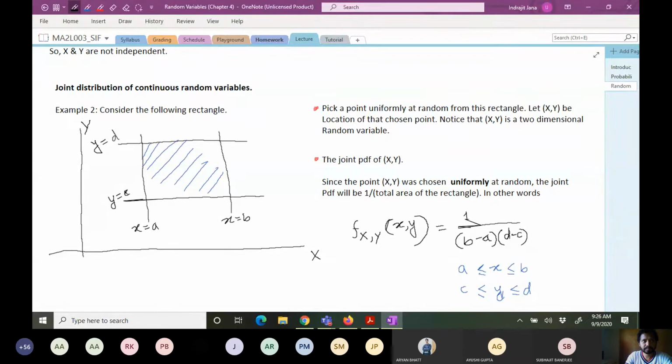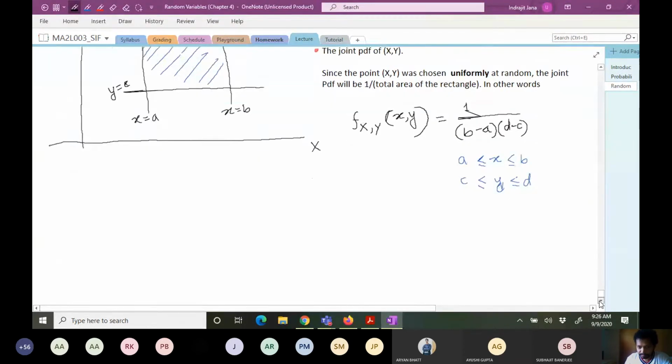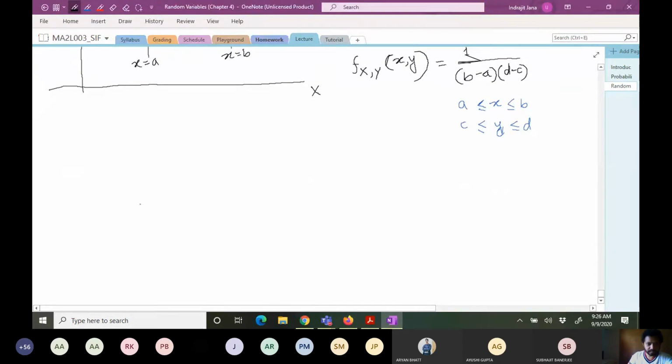So for example, the other thing is the marginals. Okay, so let me do the marginals. The marginal PDFs of X and Y are given by the following. To get the marginal probability density function, you integrate out the other random variable.